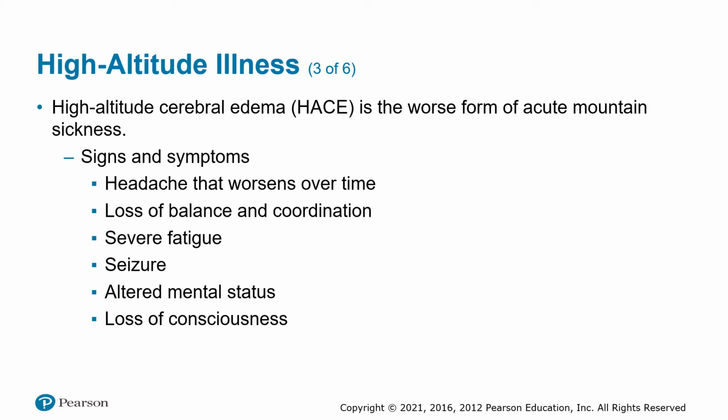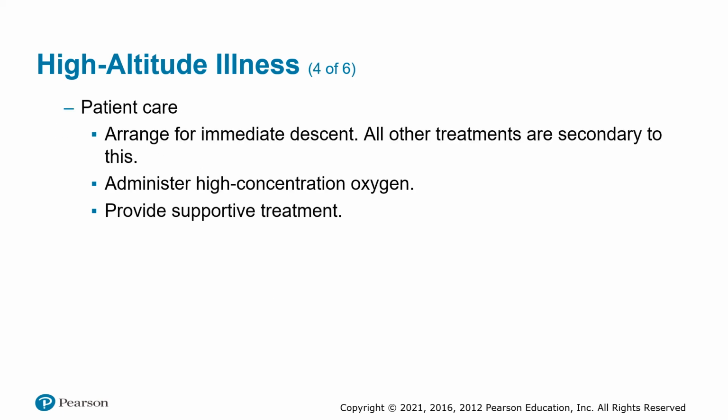So you're going to have a headache that worsens over time, loss of balance and coordination, fever, severe fatigue, seizure, altered mental status, and loss of consciousness. In our care for this patient, we are going to arrange for immediate transport or descent, and all other treatments are secondary to this. We're going to provide supportive treatment and high flow oxygen too.